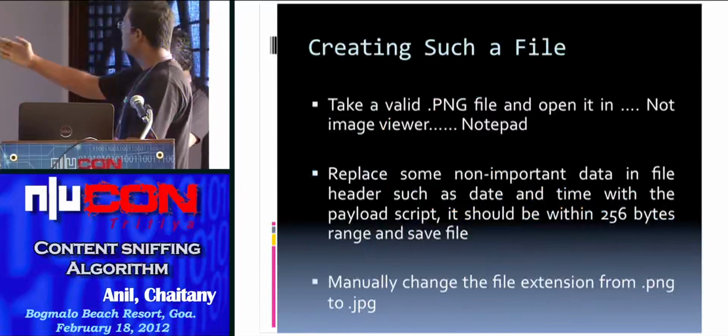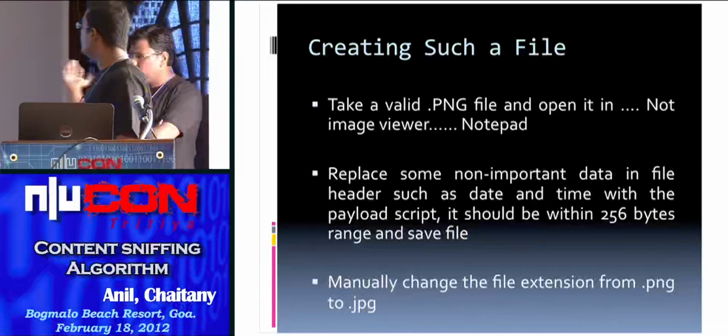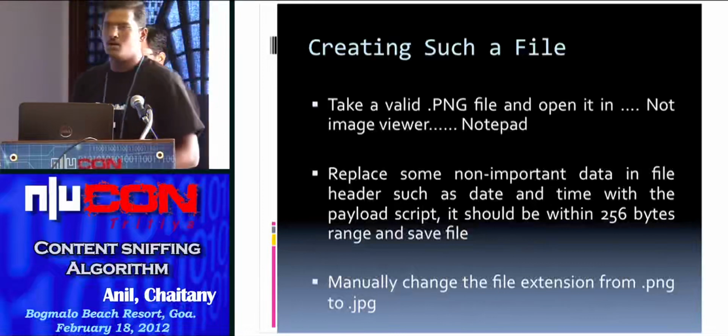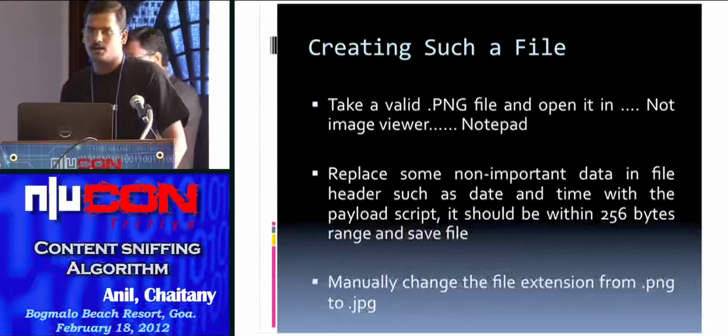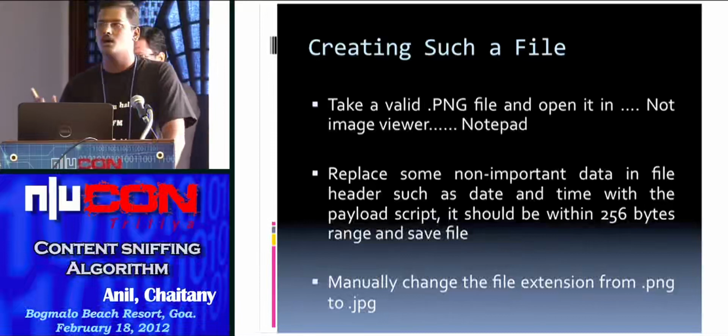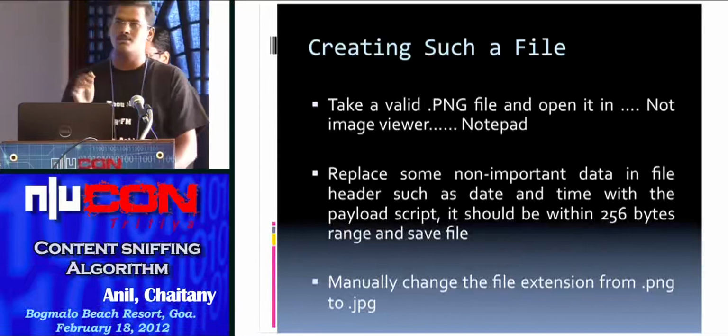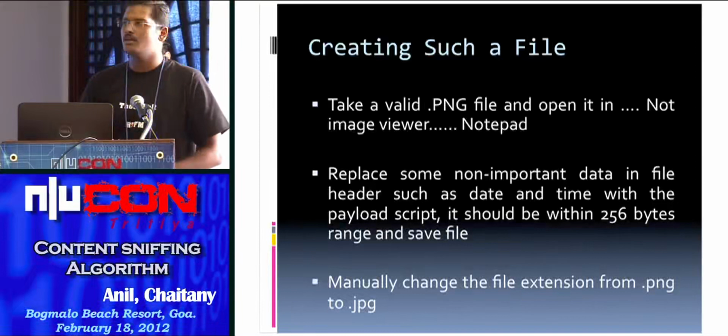This is the complete method of how we create that malicious file. First, take a valid PNG file. Open it in any notepad or editor you like. Then replace some unimportant data. Sometimes there is unimportant data, such as when the image was created, date and time, the author's comments or licensing.